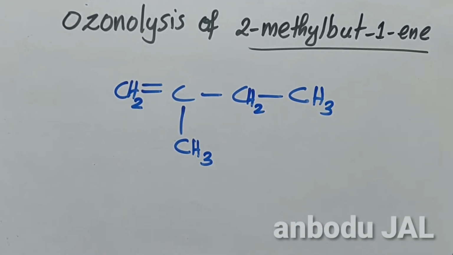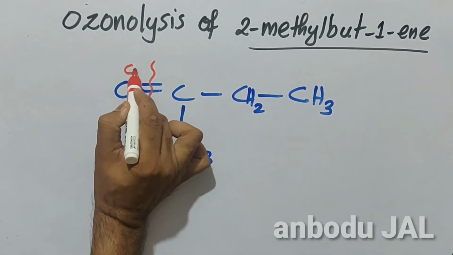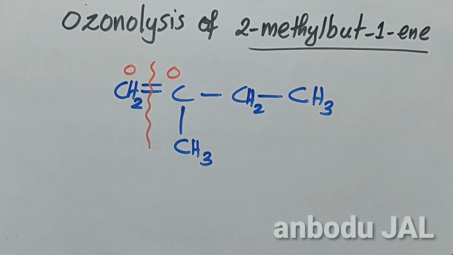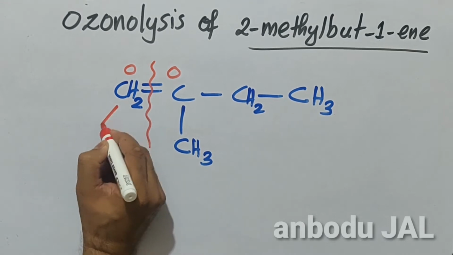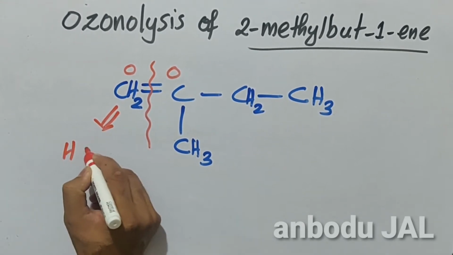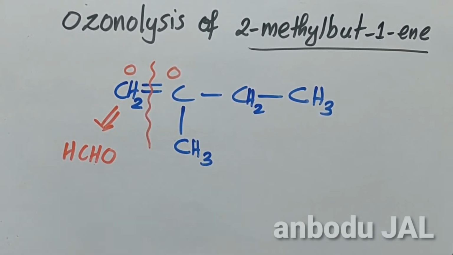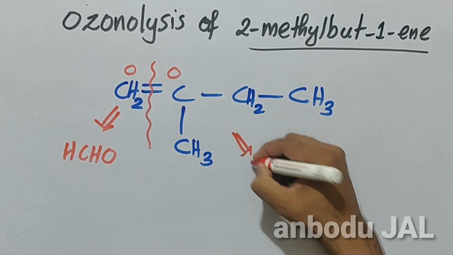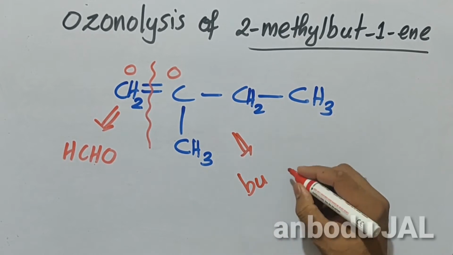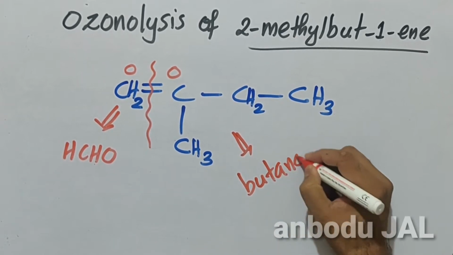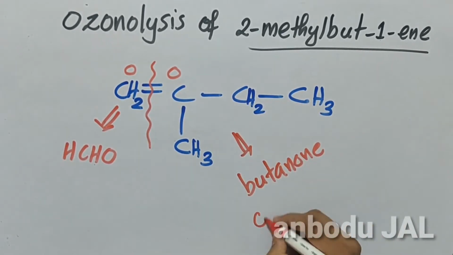How can we find out the ozonolysis product? It is very simple. We can cut this double bond and add one oxygen here and one oxygen here. This product is nothing but HCHO, that is formaldehyde, and this compound is nothing but butanone. What's the formula?